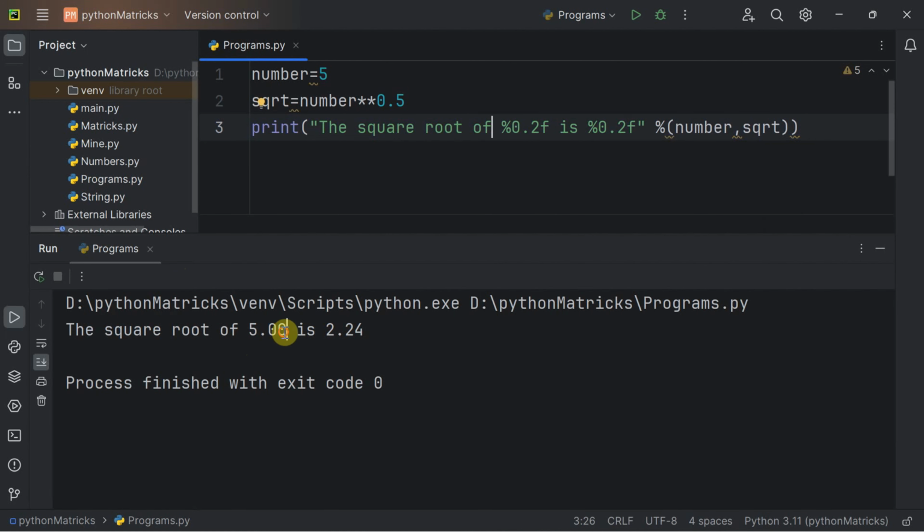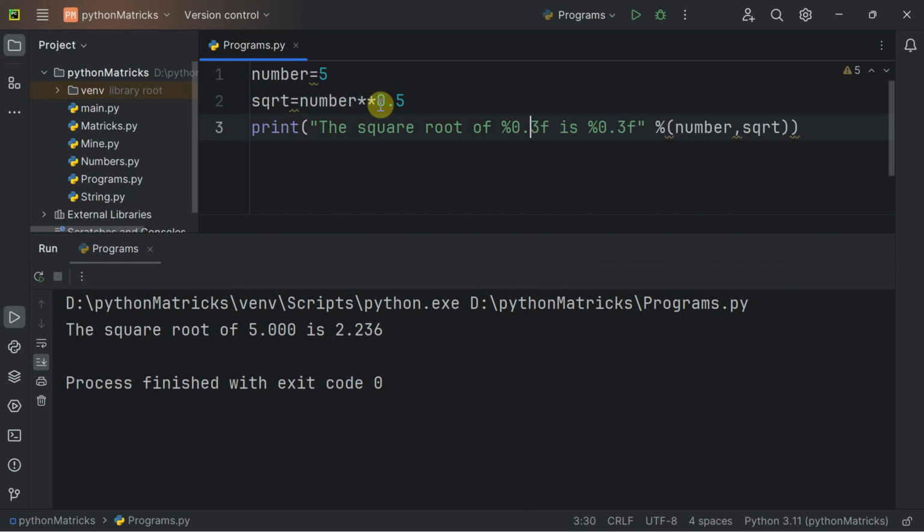You see the square root of 5 is 2. So this is a placeholder of 5, and this is a placeholder of the square root. You see the reason why we're using 3f. So let's continue by using 3f.